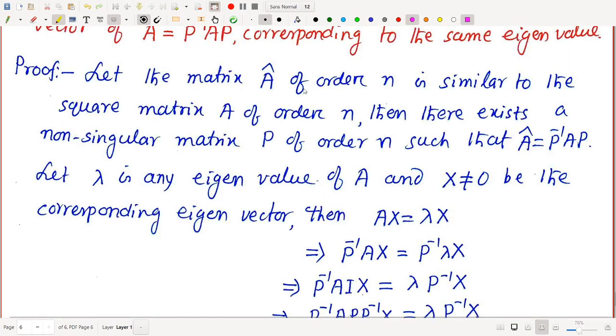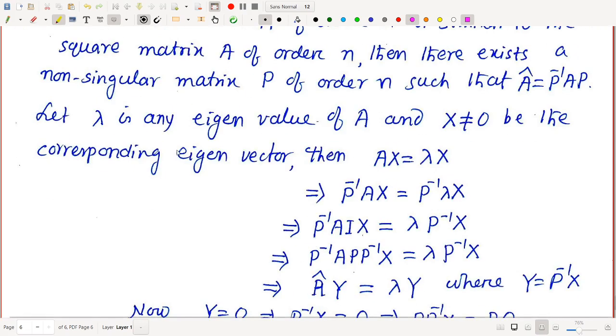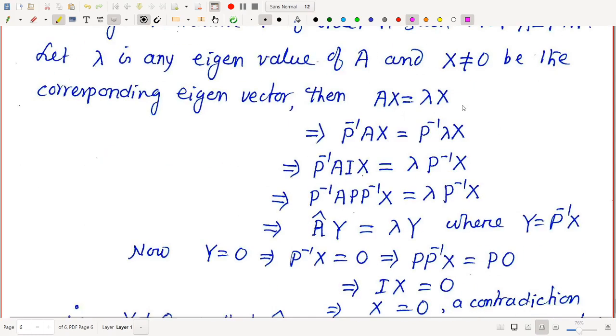Let the matrix A cap of order n be similar to the square matrix A of order n, then there exists a non-singular square matrix P of order n such that A cap equals P inverse AP. This is the definition. Now let lambda be any eigenvalue of A and capital X, not equal to 0, be the corresponding eigenvector, then AX equals lambda X. Let us pre-multiply by P inverse both sides.